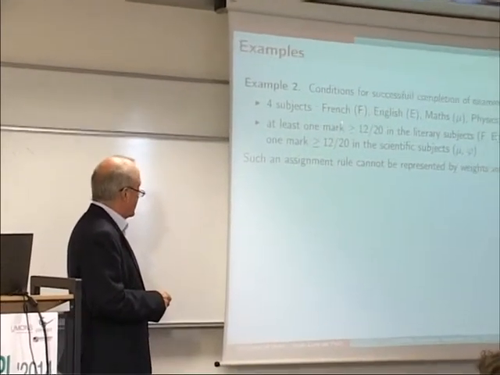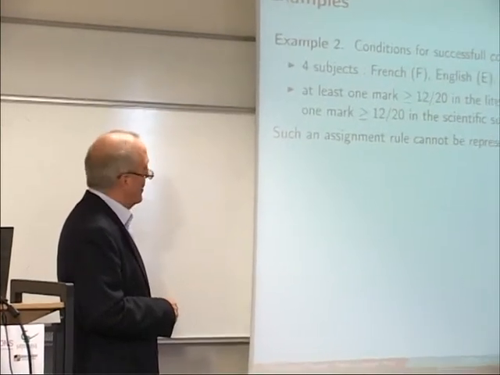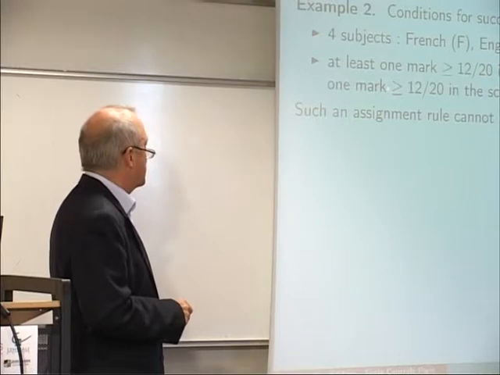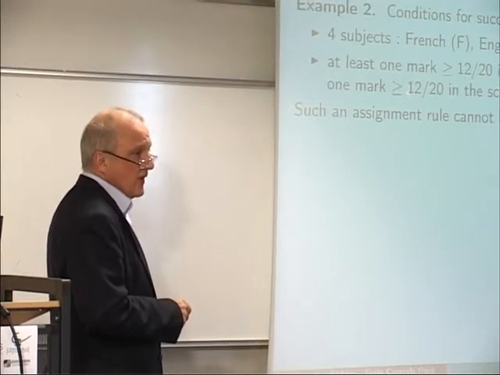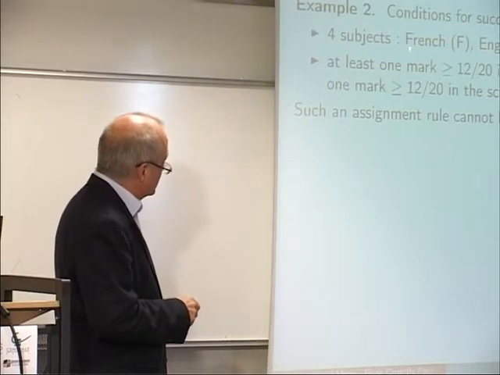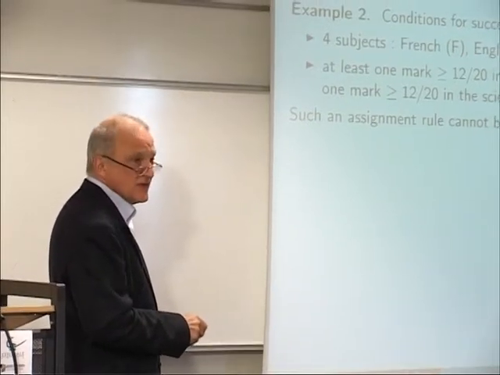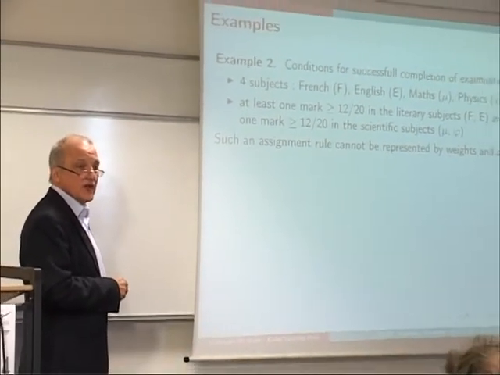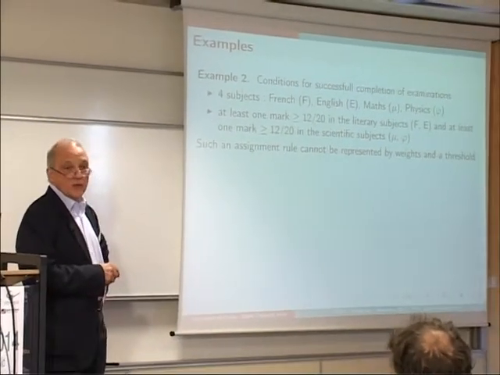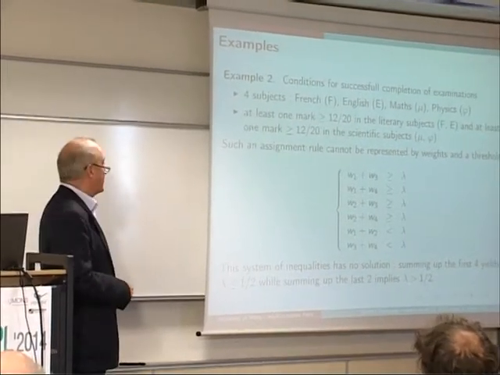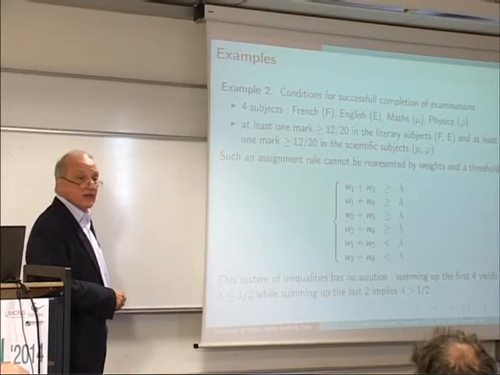If the rule is that to be successful in your examinations, you have to reach a mark of at least 12 on one of these two subjects and on one of these two subjects at least, this is a rule which is not representable by weights and threshold because, in fact, you have contradictory constraints.